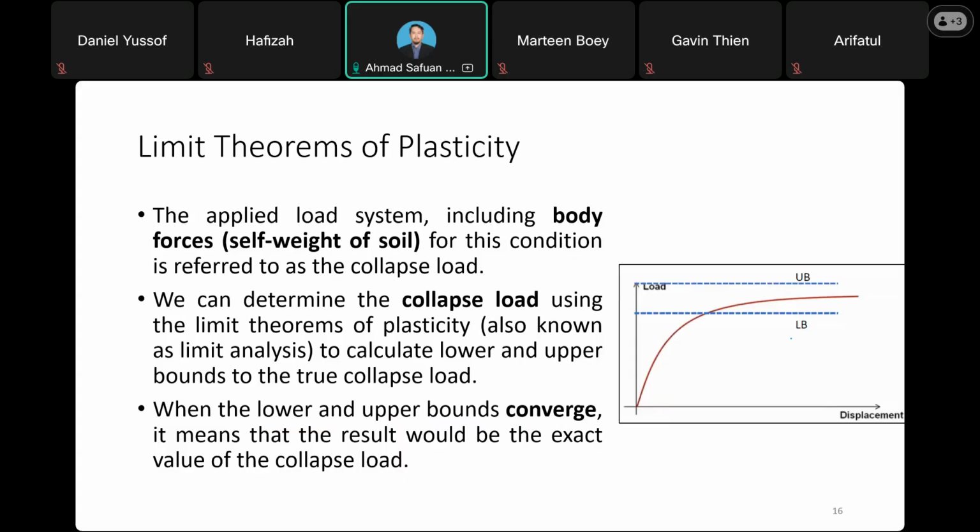Okay? So to make it converge, we need to use very small elements during our calculations. I will show later when we discuss the upper bound and lower bound. We need to use a very small mesh in our calculation to get the lower and upper bound to converge to each other.